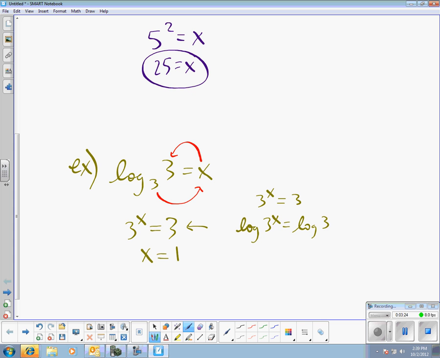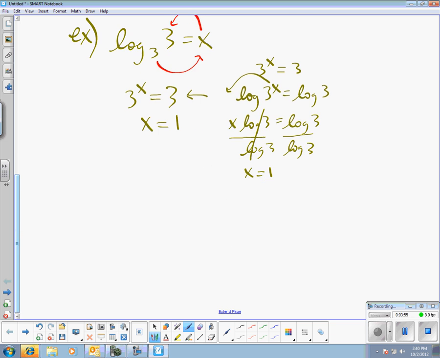The log causes the x to fall down to the front. x log of 3 equals log of 3. Divide both sides by log of 3, and log of 3 over itself equals 1. You wouldn't really go through that process for this particular example, because if you look at 3 to the x equals 3, you should immediately know that x equals 1. But just to show you, in case it doesn't pop out at you, you can still use the log both sides method to end up solving for x.